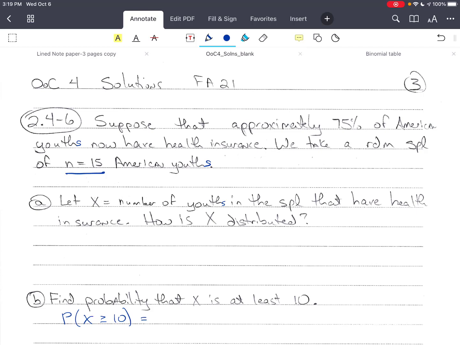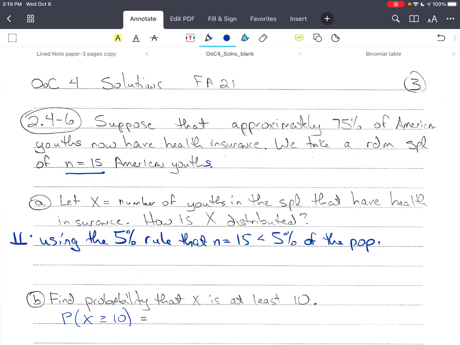Well, we can assume using the 5% rule that n equals 15 is less than 5% of the population of American youth, right? So that means that they're independent by using this 5% rule.